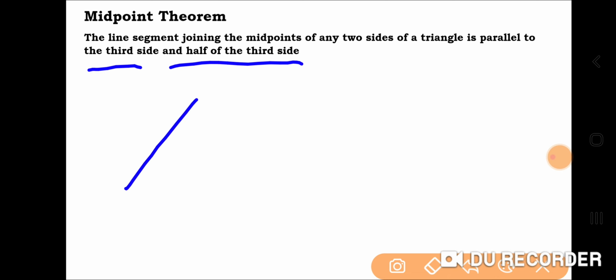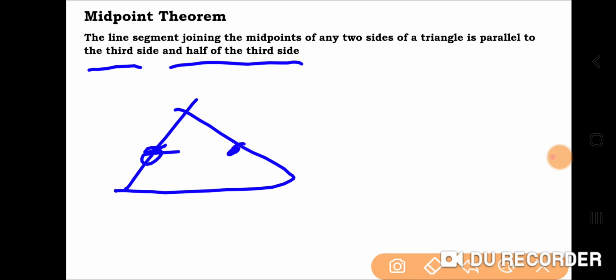That is, if a line is drawn by joining the midpoints of any two sides of a triangle, this newly formed line segment will be parallel to the base and half of the base.